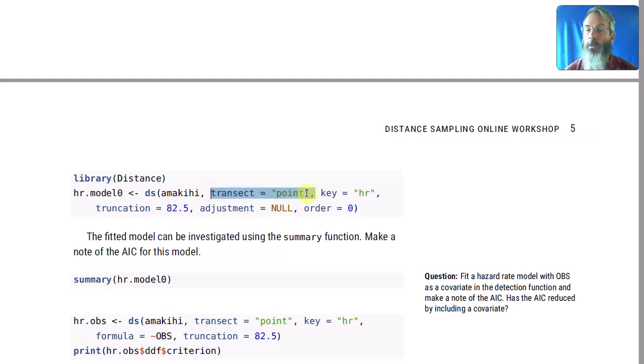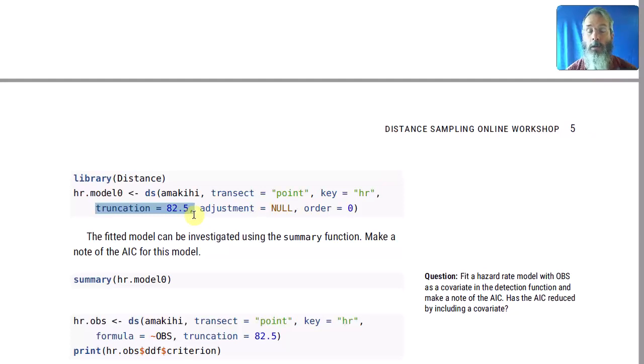Note the distinction between exercise 1 and this exercise in that exercise 1 was with line transect duck nest data. This is point transect bird data, and so we need to tell ds that we're fitting point transect data. Otherwise, we still have our key functions and our adjustment terms. I've introduced a new argument to the ds function, namely the truncation distance.